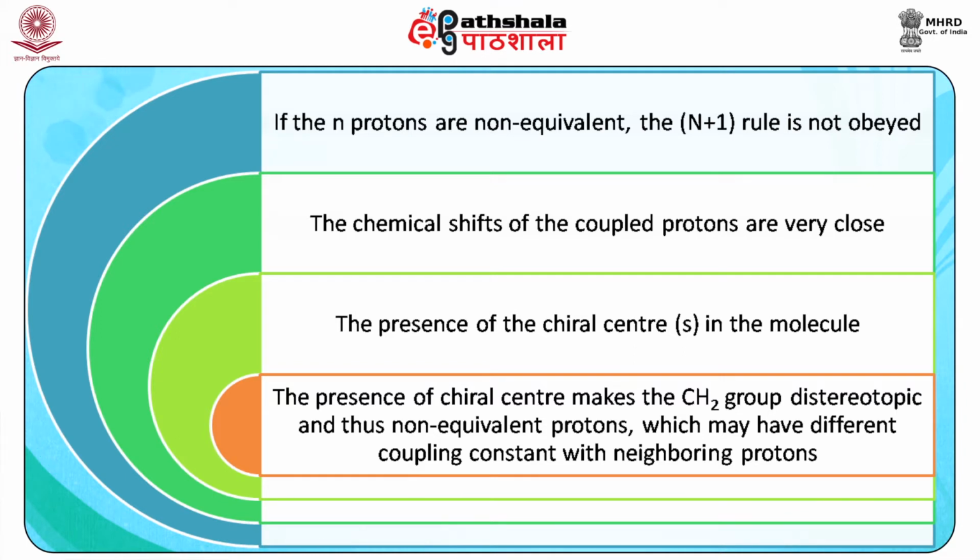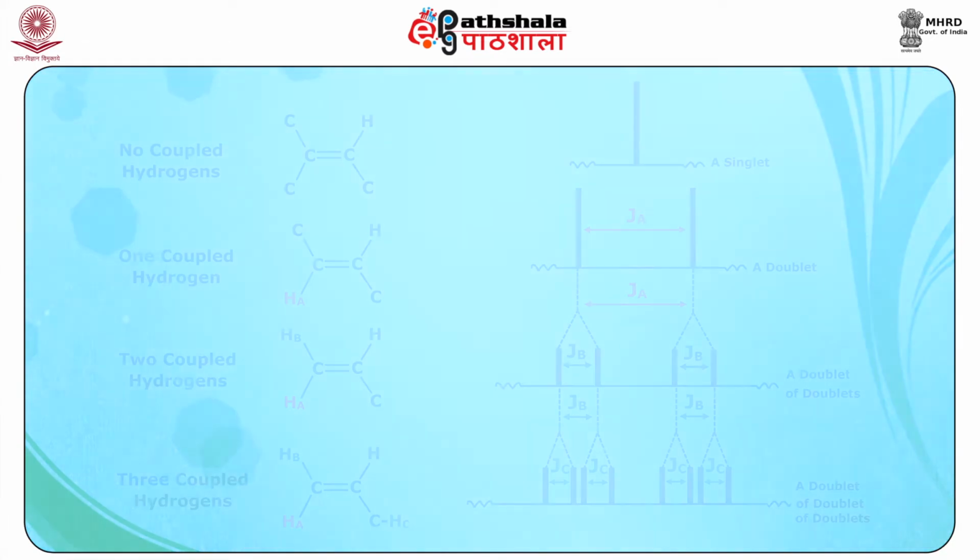The chemical shifts of the coupled protons are very close, and there may be a chiral center or centers in the molecule. The presence of a chiral center makes the CH2 group diastereotopic and thus non-equivalent protons exist, which may have different coupling constants with neighboring protons.